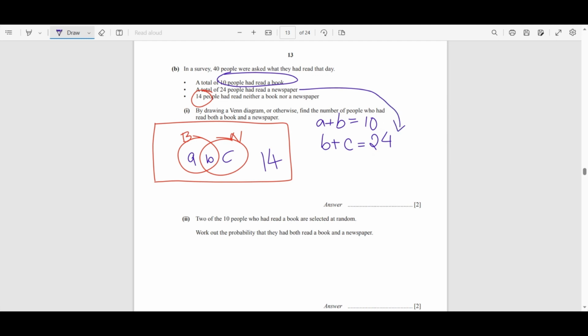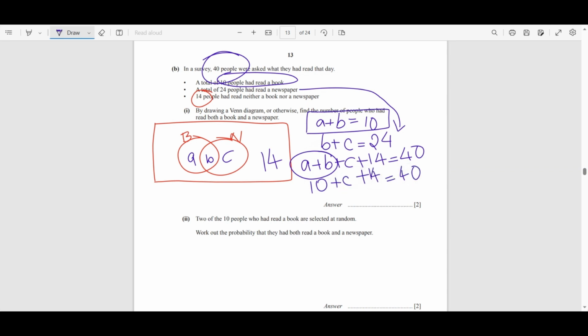And remember, 40 people were in the survey, which means the total is whatever is given. So A plus B plus C plus what's on the outside equals 40. Now, A plus B together, we know from equation number 1 is 10. So instead of A plus B, I'm going to write 10 plus C plus 14 equals 40.